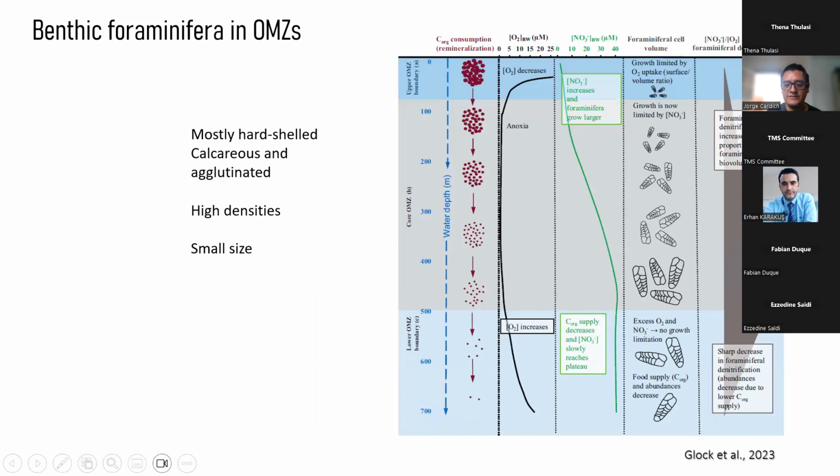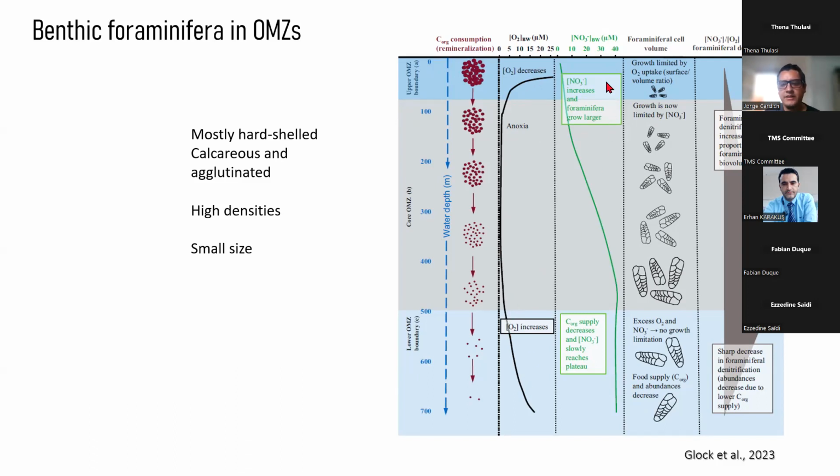In a more recent work by Nico Glock and collaborators, from last year, they have another summary here. So across the OMC, this is the water depth. Across the OMC, the remineralization of organic matter goes from very high rates to lower rates. It goes with the decrease of oxygen and a slight increase toward the lower limit.